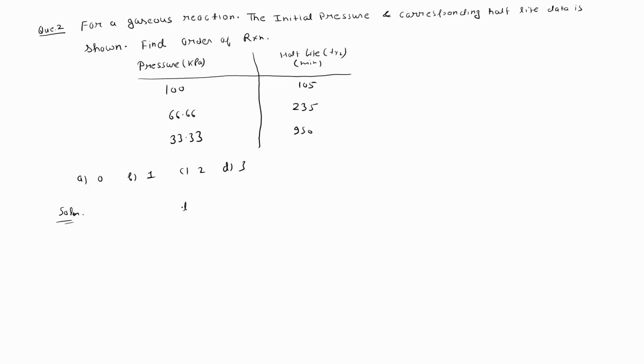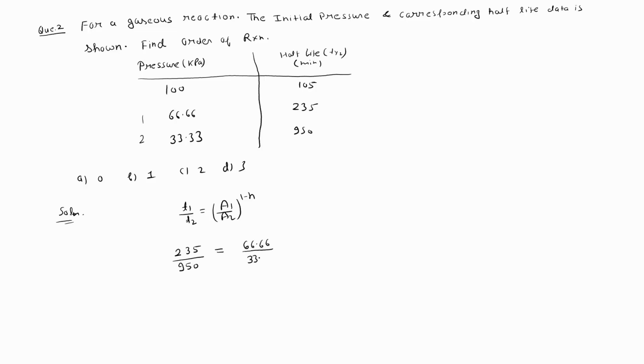The formula is the same. T1 by T2 is equal to A1 by A2 to the power 1 minus n, because this is double of this. So the mathematics is simple if we take this data instead of this. So I will take this data. We have T1 is 235 and T2 is 950. A1 is 66.66.